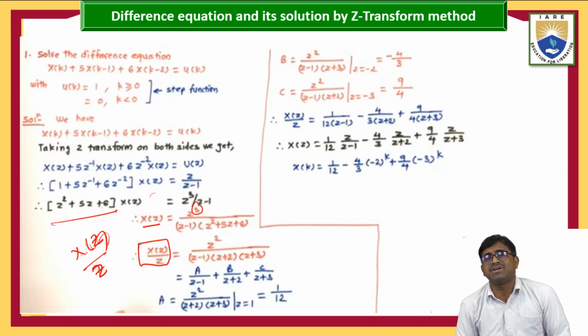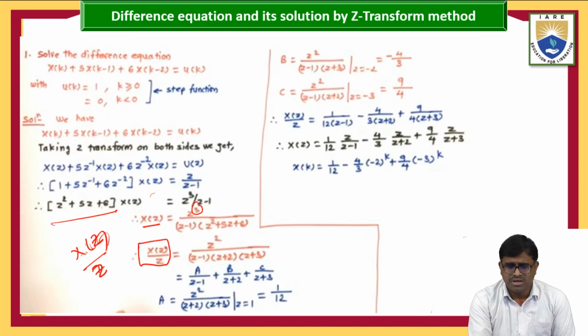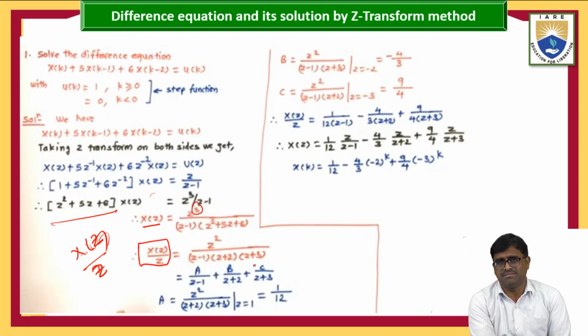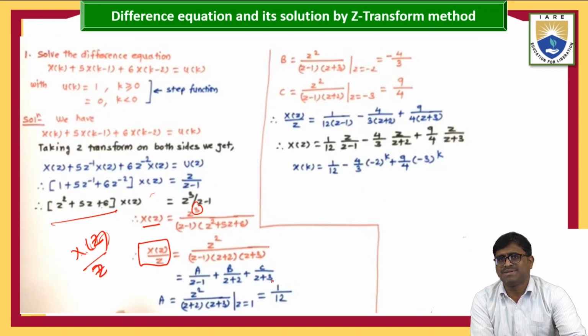It is coming to the standard form for finding the z transform in case of the partial fraction method. Yesterday, in the last class, I explained that. So x of z equal to z square by (z minus 1)(z plus 2)(z plus 3). This is equal to a by z minus 1 plus b by z plus 2 plus c by z plus 3.